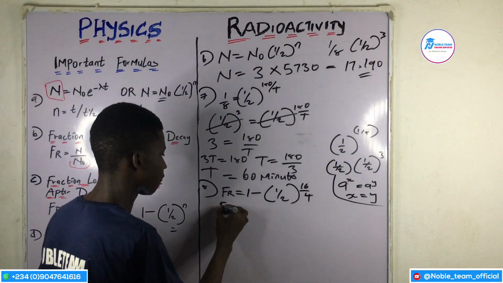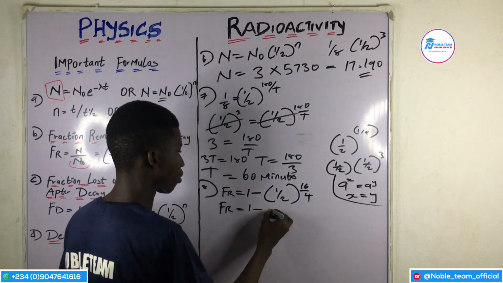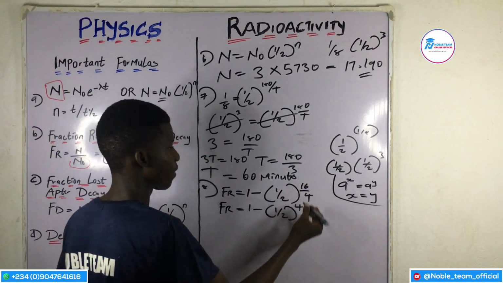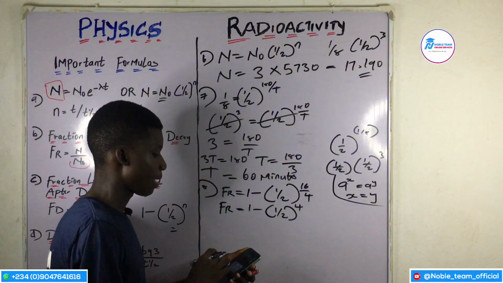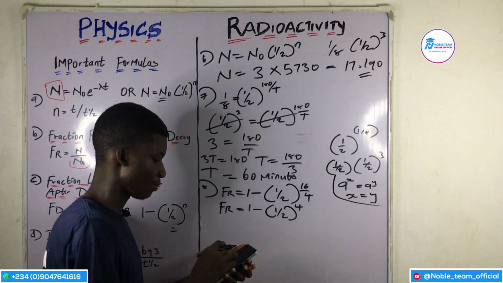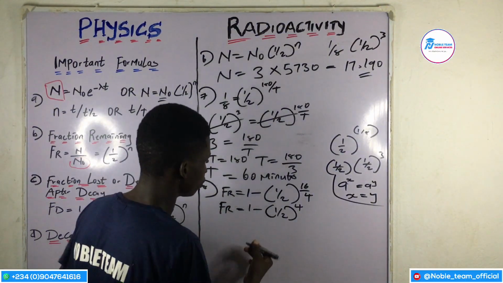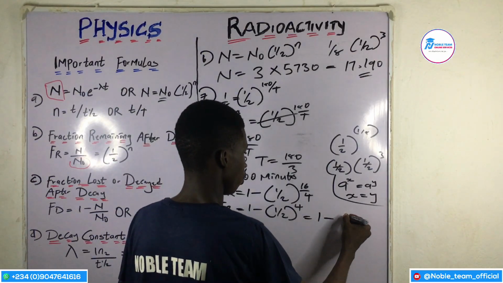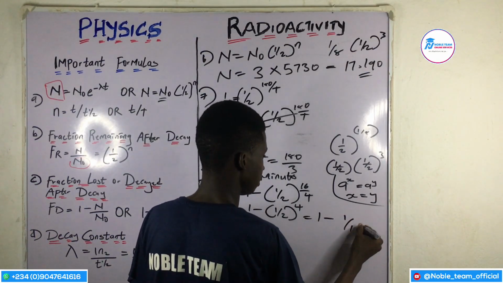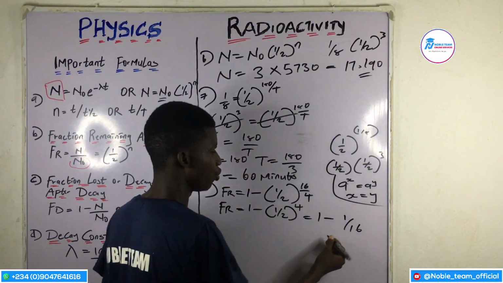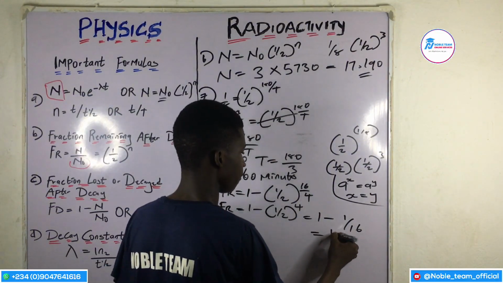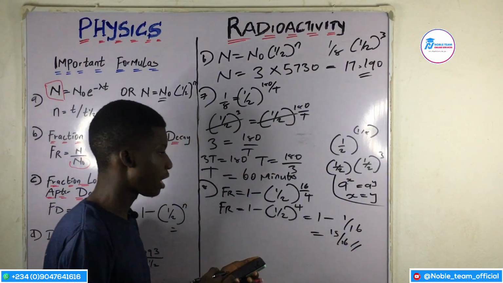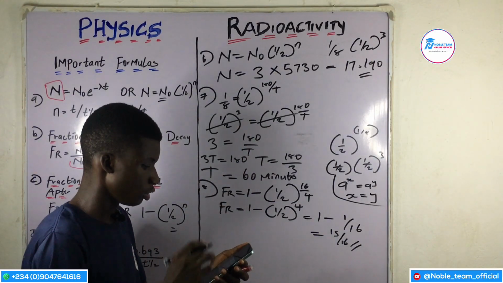So we have Fr is equal to 1 minus 1 over 2 raised to power 4, because 16 divided by 4 is 4. So we now have 1 minus 1 over 16. I already know that I'm going to be getting 15 over 16, and this is my final answer. And option B is correct.